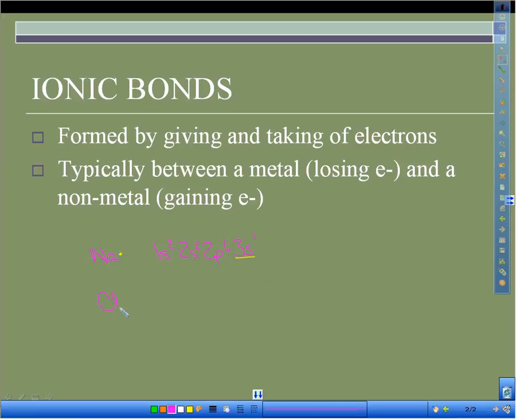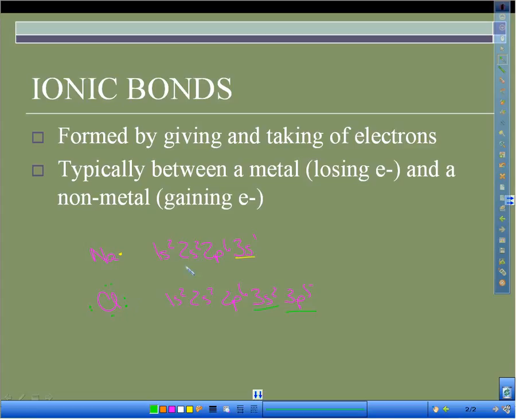If we then look at chlorine, 1s2, 2s2, 2p6, 3s2, 3p5. Its valence electrons are also in the third energy level, s2, p1, p2, p3, p4, p5. So there's our electron dot diagram for sodium and our electron dot diagram for chlorine.